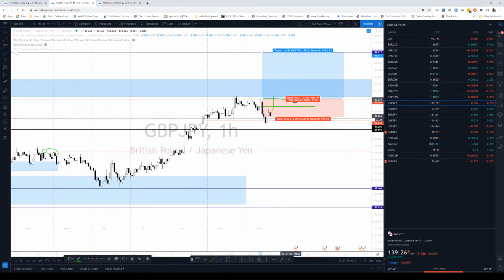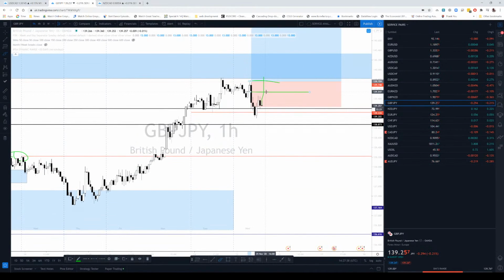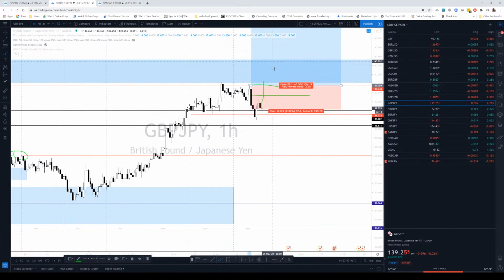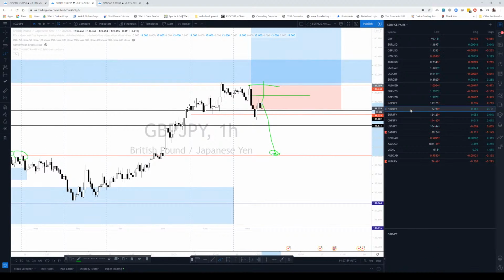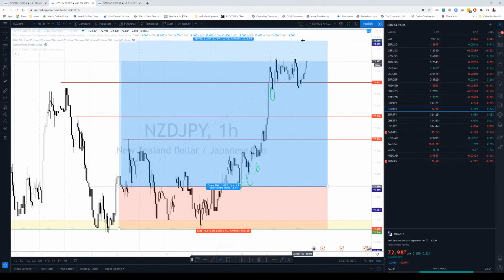The same thing applies to the chart right now. If we close above this high, you could look for a buy to continue going higher. If not, then if we close as we are tomorrow, you could look for a sell to come back down here.